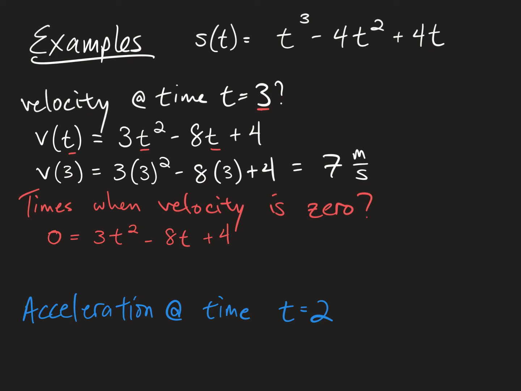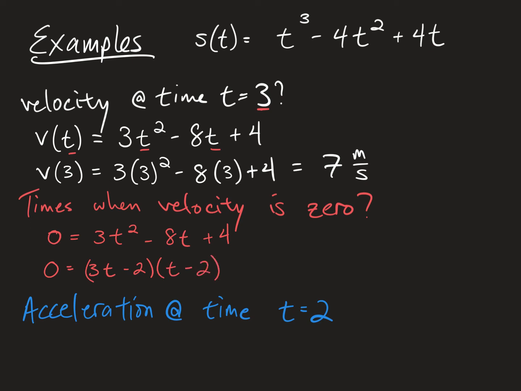You can use either factoring if it factors, or the other common quadratic solution technique, the quadratic formula. Thankfully, this factors, so we can say 0 equals 3t minus 2 times t minus 2.